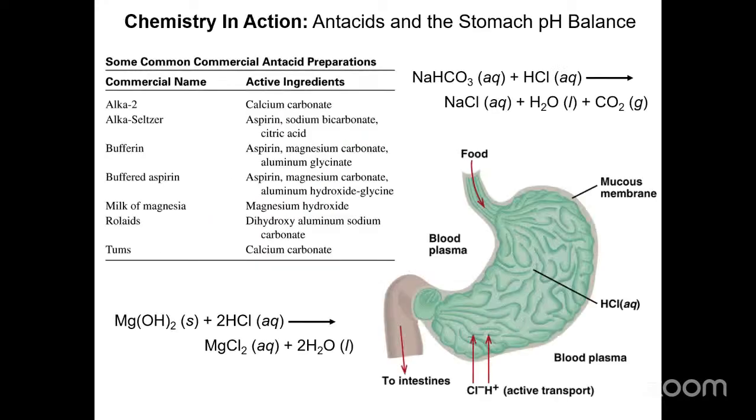And finally, some applications of acid-base reactions in the manufacture of certain antacid preparations. Nearly all, if not all, of the antacids that you find at any pharmacy contain some form of base.